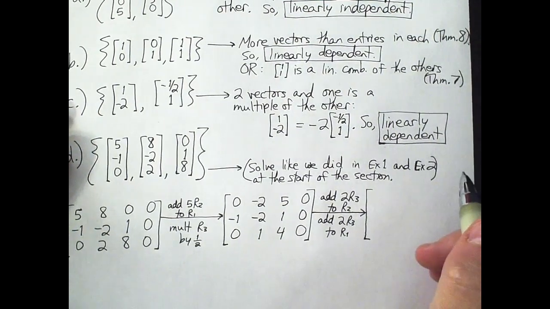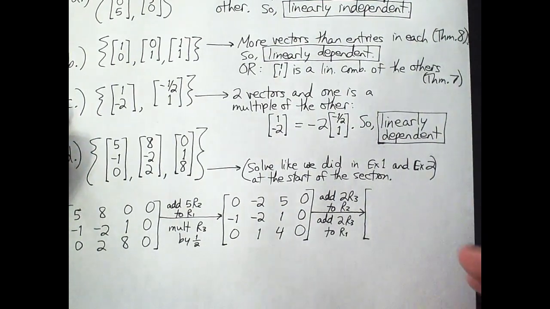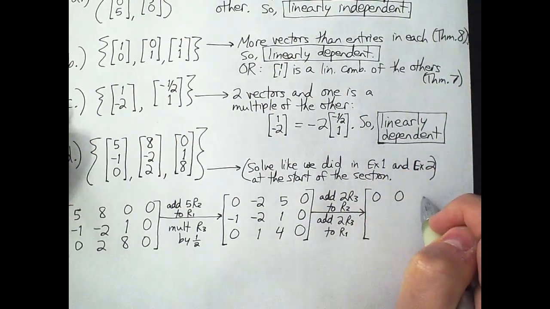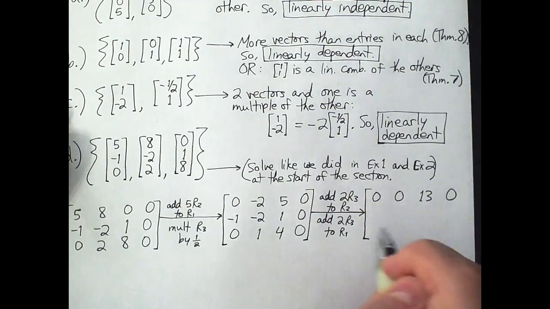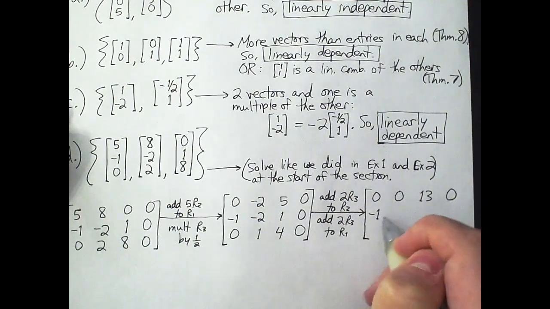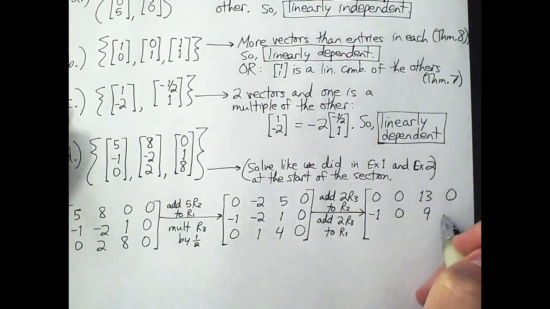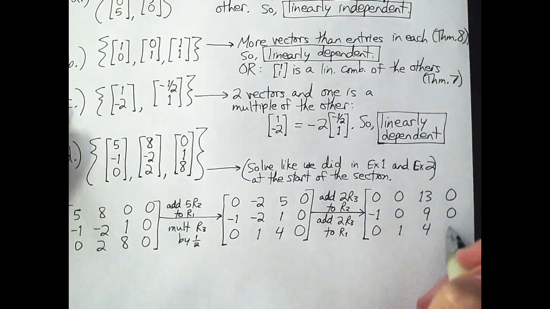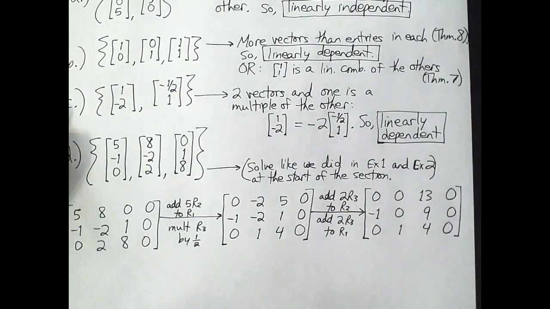Again, you could do some of these steps in different orders. You might have a different set of steps that gets you to the same place, but I got 0, 0, 13, 0. I got -1, 0, 9, 0. And I got 0, 1, 4. That third row is staying the same.